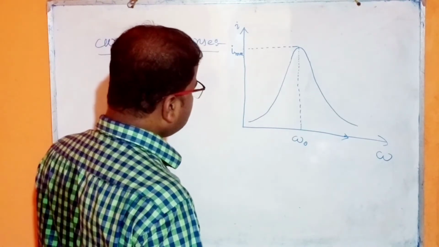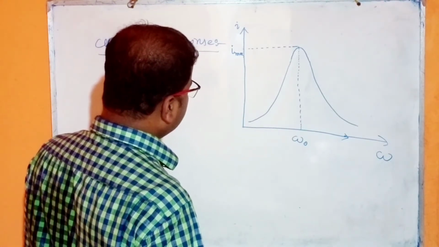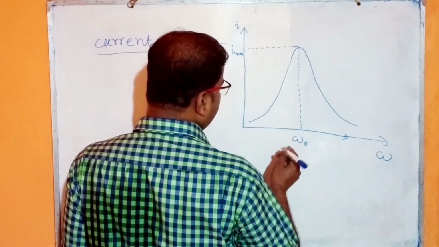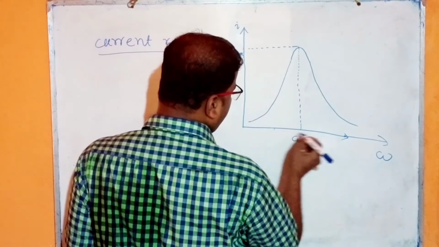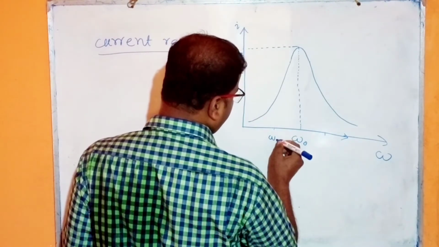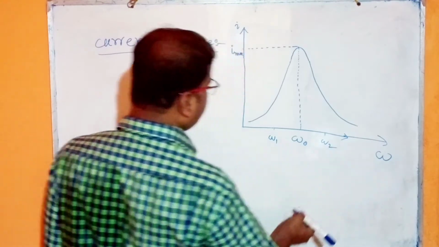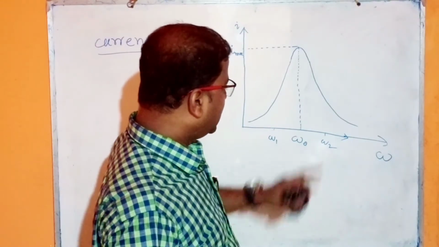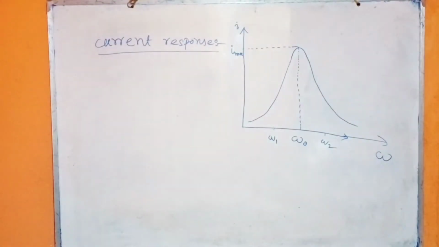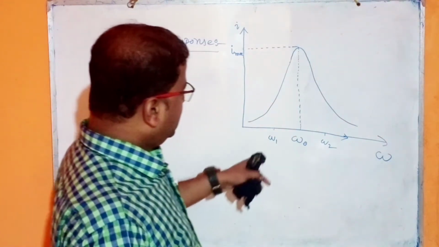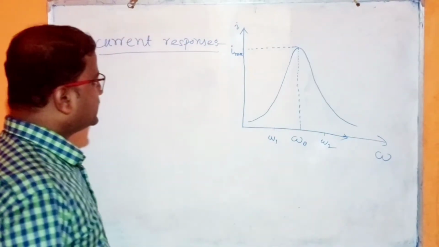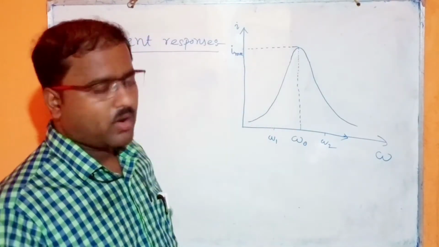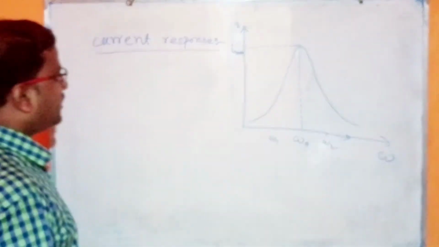Here we define two frequencies, say omega 1 and omega 2, such that at these frequencies the power is half of the maximum power.